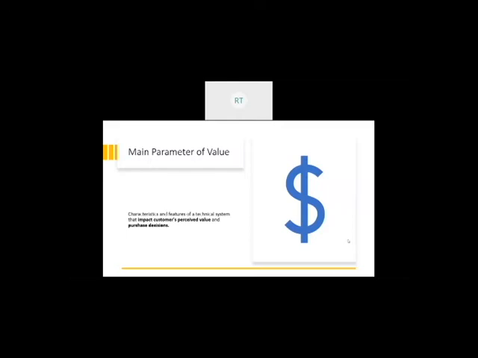A unique selling proposition is from the seller's point of view, whereas a main parameter of value is from the purchaser's point of view. When I'm trying to buy something, I say this is one attribute in the product for which I'm ready to pay. Whereas a unique selling proposition is something that the seller has identified in his product, and that he is trying to market to the customer.